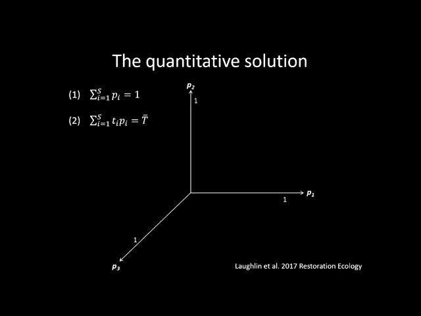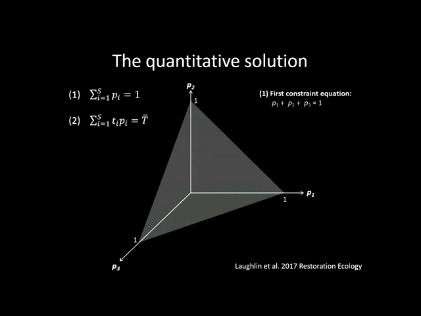Okay, so let's think about this for 3 species. Often we're dealing with dozens of species, but for simplicity and to illustrate it geometrically, we'll just think about 3 species. So this is 3 axes that represent the abundances of 3 different species. So when we specify that first equation, that constrains all of the possible solutions from this infinite 3-dimensional space down to a single plane, this gray triangular plane.